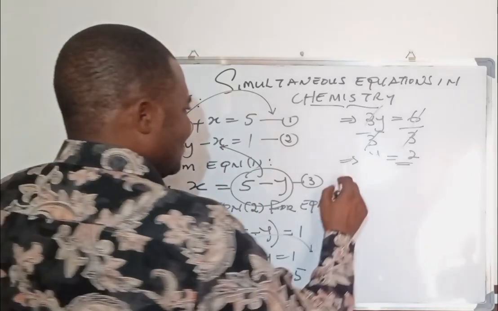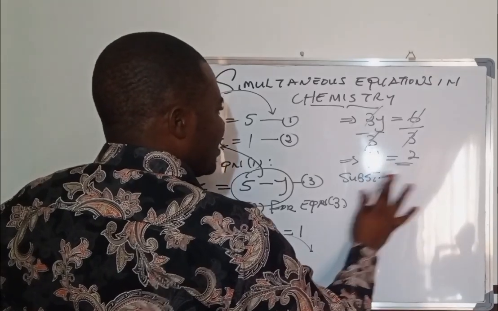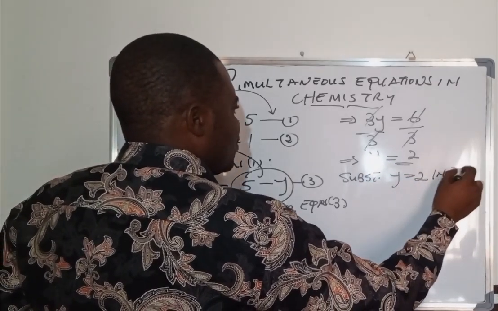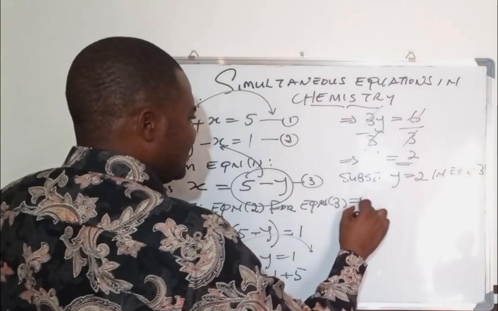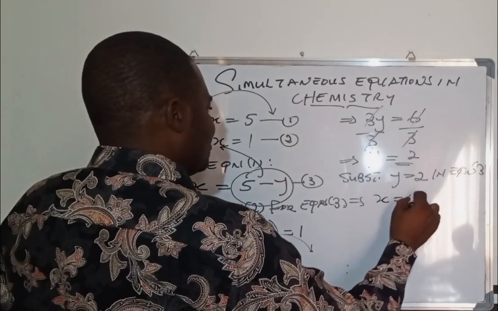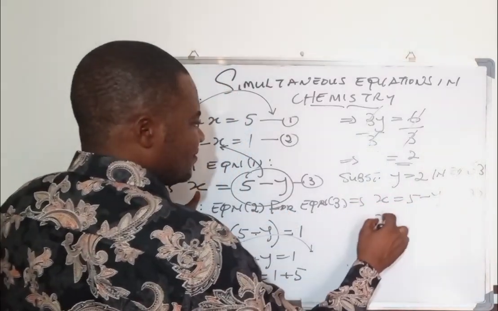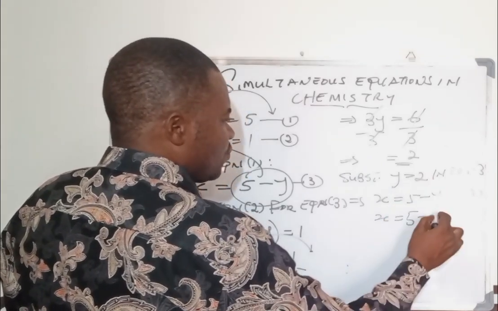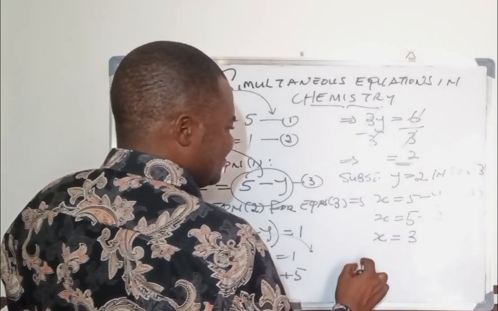So we substitute y equals 2 in equation 3. Our equation 3 is x equals 5 minus y. So where we see y, we put 2, and then x will be equal to 3.